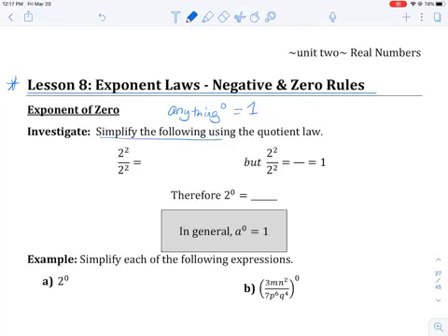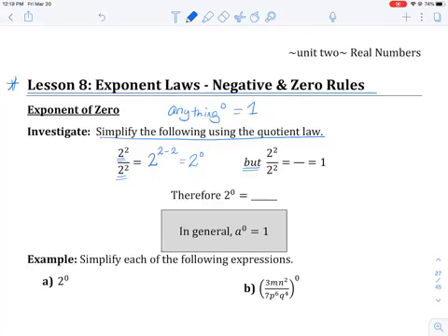The first thing here says simplify the following using the quotient law. We know the quotient law says that when we divide powers with the same base, like 2 squared divided by 2 squared, we subtract the exponents. So 2 to the power of 2 minus 2 would equal 2 to the power of 0.